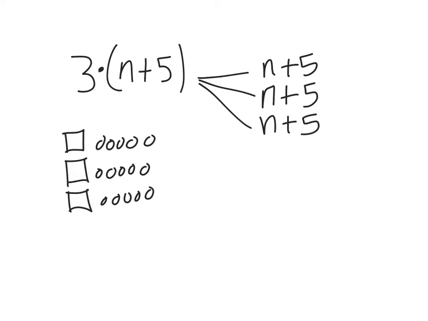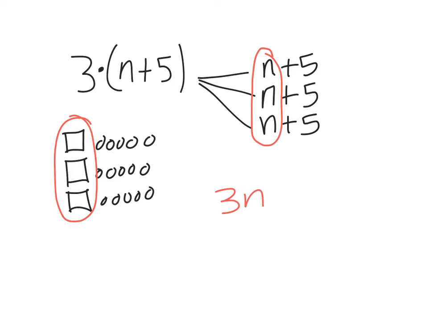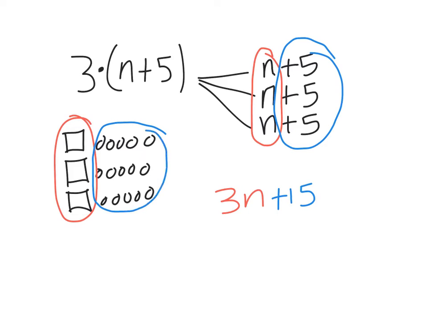So we can see by looking at our models that we have 3 n's, or 3 boxes, that's 3n. And then we can also see that we have 5 plus 5 plus 5, that's 15. And we have 5, 5, 5, we have 15 ones here as well.